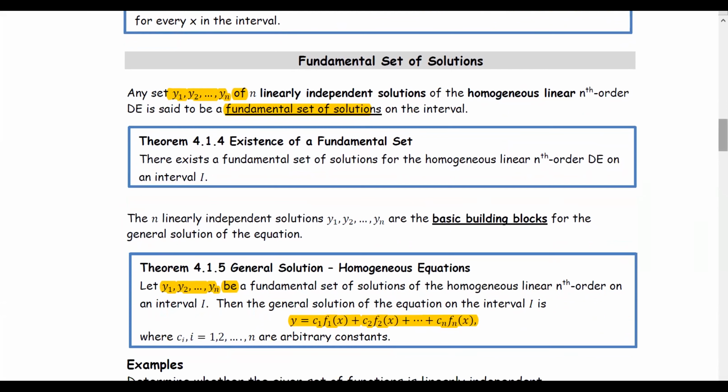Any set y1, y2 up until yn of n linearly independent solutions of the homogeneous linear nth-order differential equation is said to be a fundamental set of solutions.